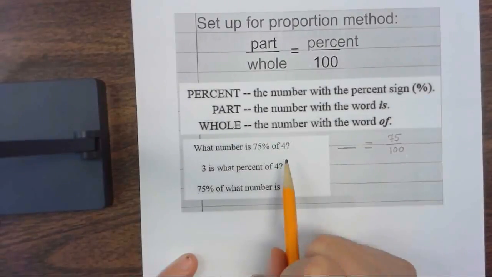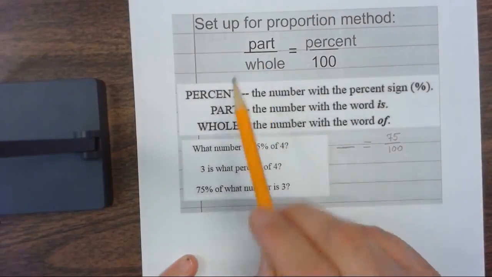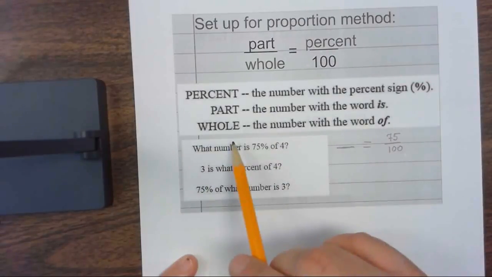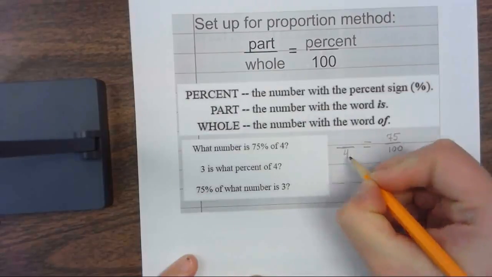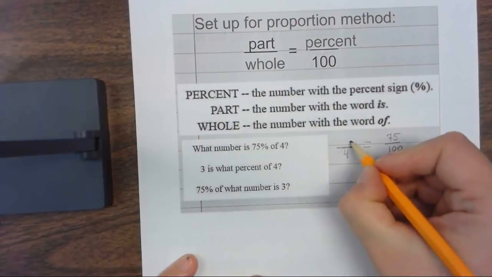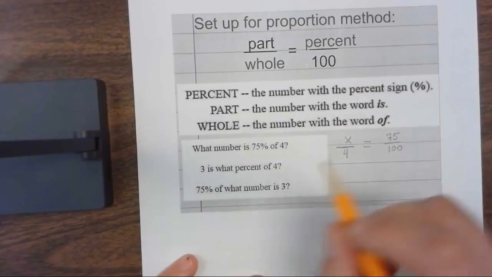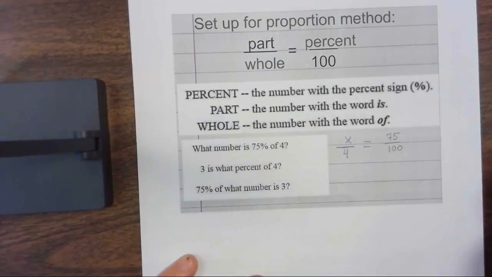So now I have to figure out, is 4 a part or a whole? Well, 4 is next to of, so that means it's a whole. So I'm looking for a part, right? What number is? How would I solve it? Well, cross multiply, right?